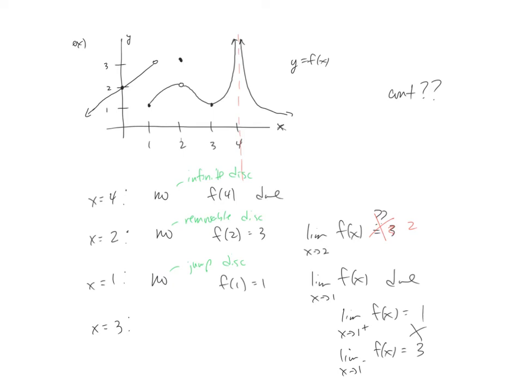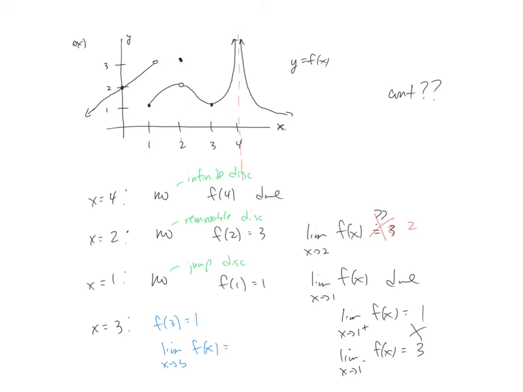Now, if we look at x equals 3, let's run through the list on this one. What is f of 3? f of 3 looks to be 1. And what is the limit as x approaches 3 of the function? In other words, what's the limit from the left and the limit from the right? As we approach from the right, we're at 1.